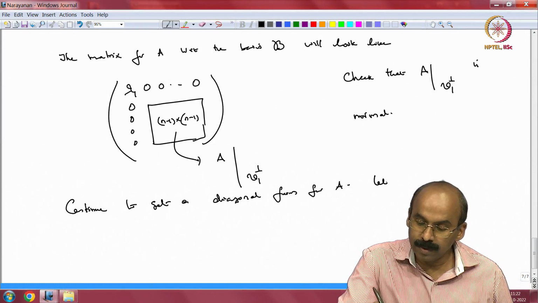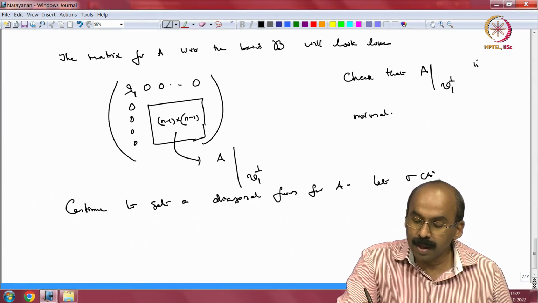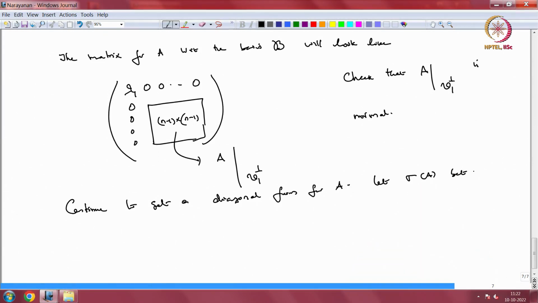So, let sigma A be the set of eigenvalues for A, and some of the eigenvalues may repeat. Okay. So, when I write sigma A, the repetition is not there, it is a collection of distinct eigenvalues of A.